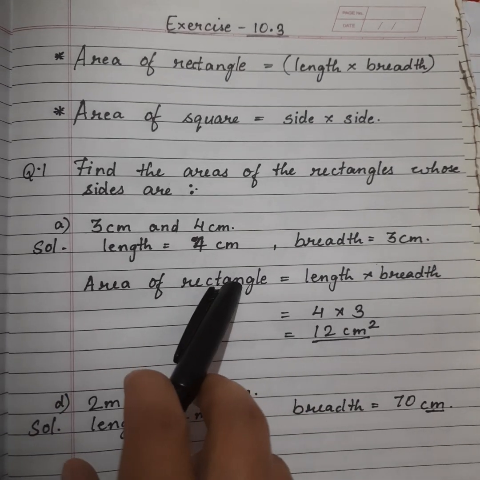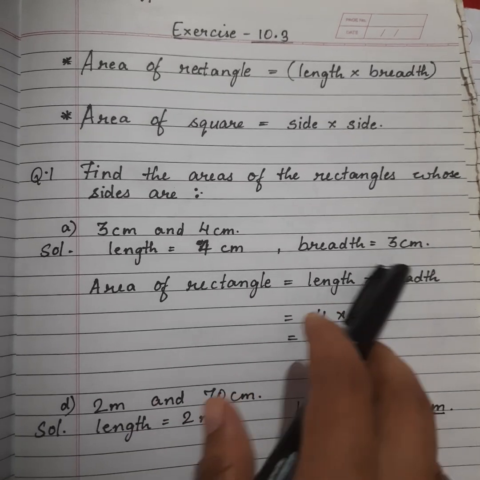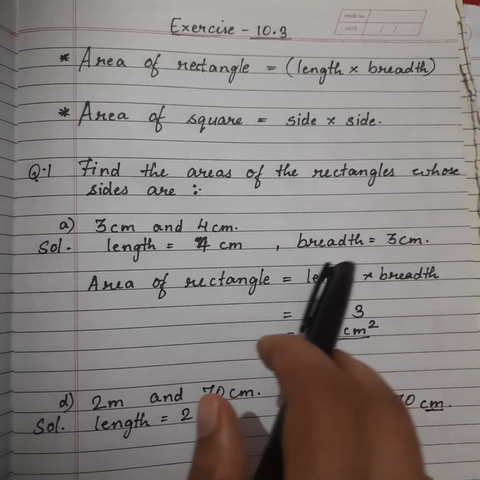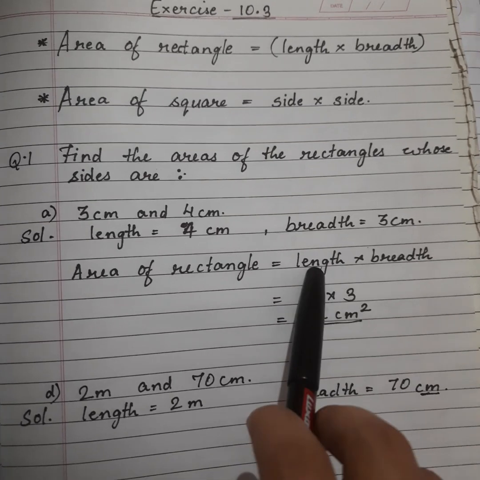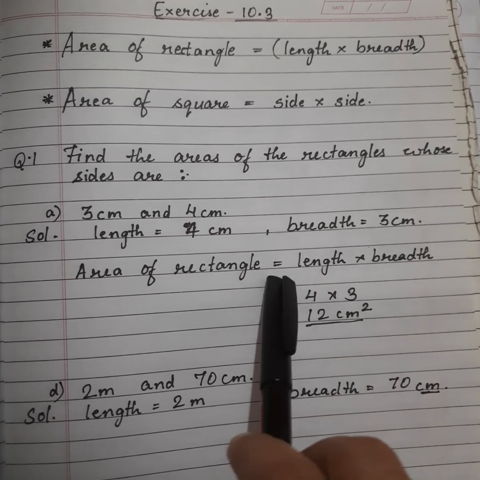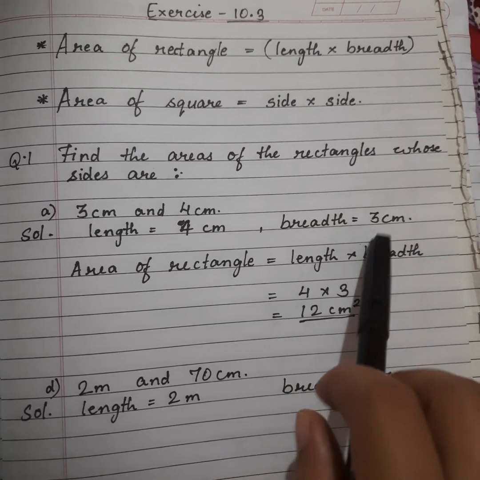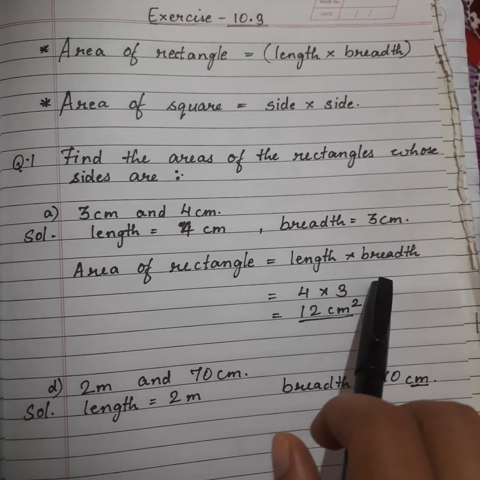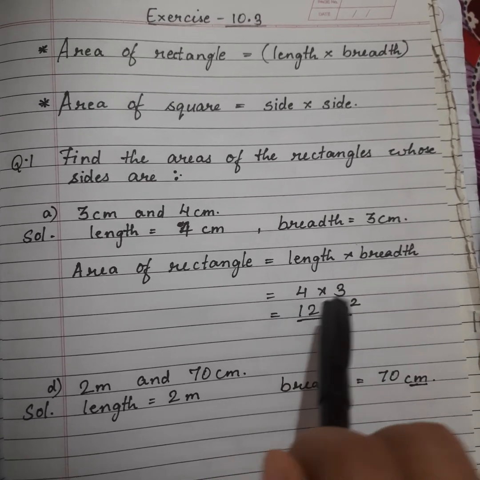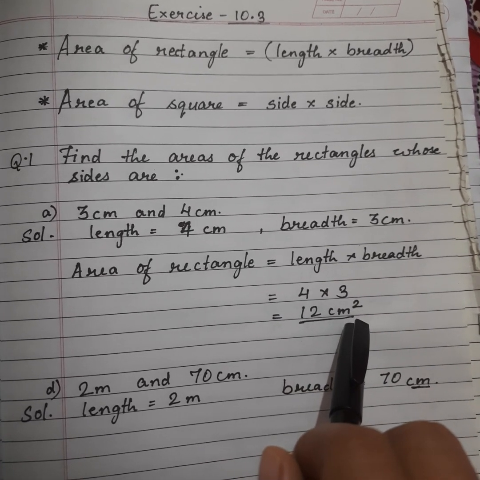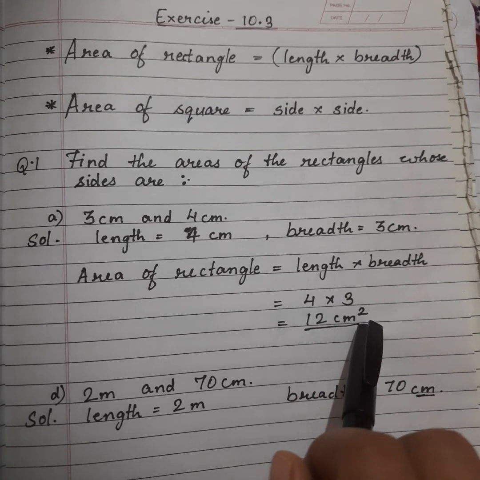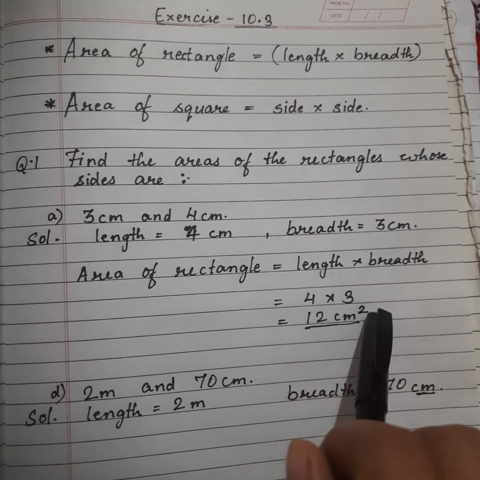Now area of rectangle is length into breadth. This is the formula you have to write in every question. Now substitute the value. Length is 4, breadth is 3. So 4 threes are 12. 12 centimeter square. This way you have to write the unit.